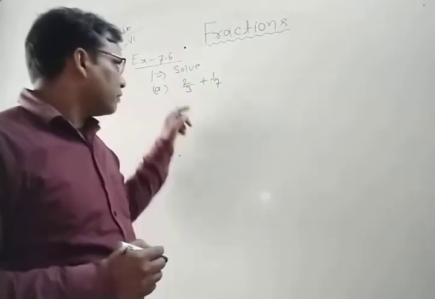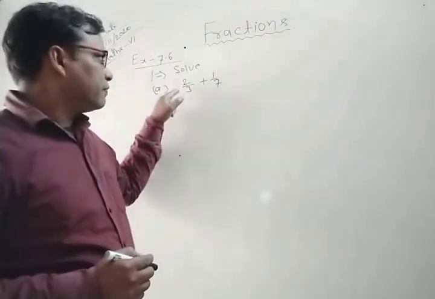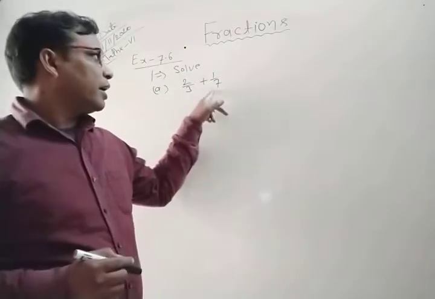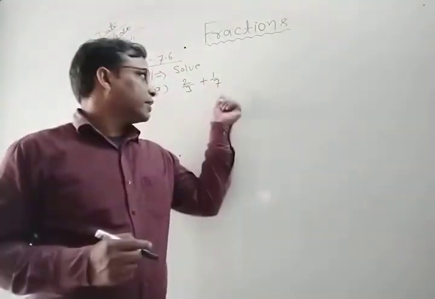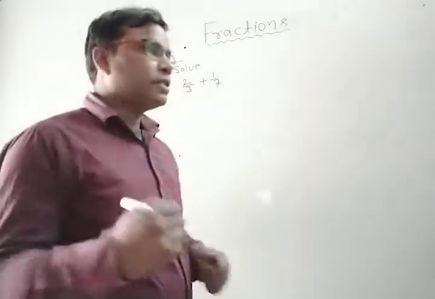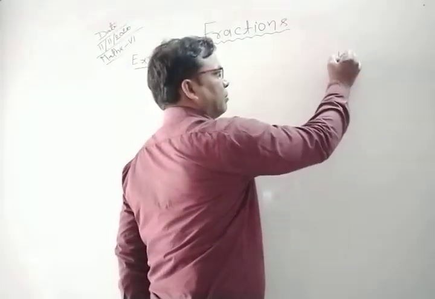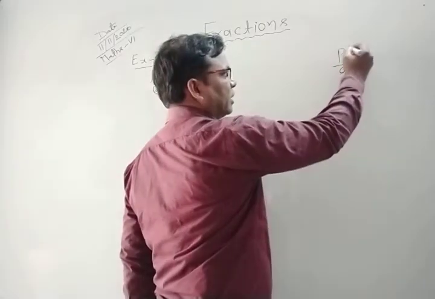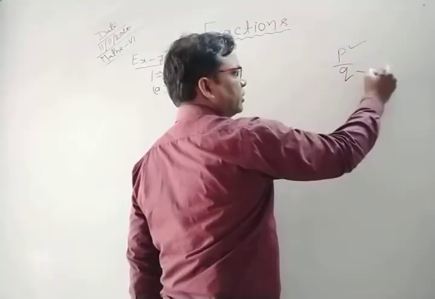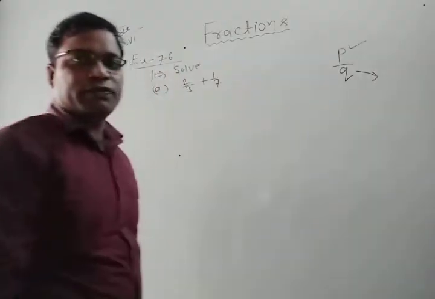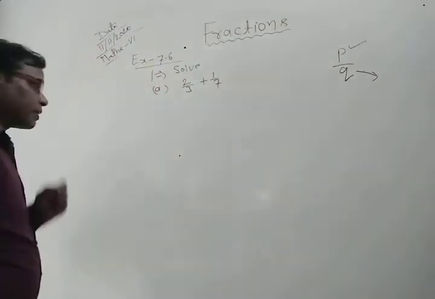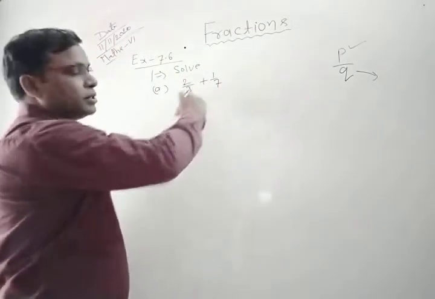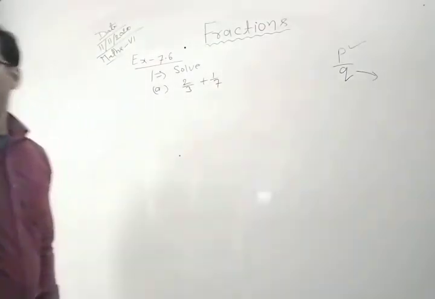The denominator of the first is 3 and of the second is 7. The form p by q is called a fraction, where p is the numerator and q is the denominator. Here there is a plus, so we need to add them.